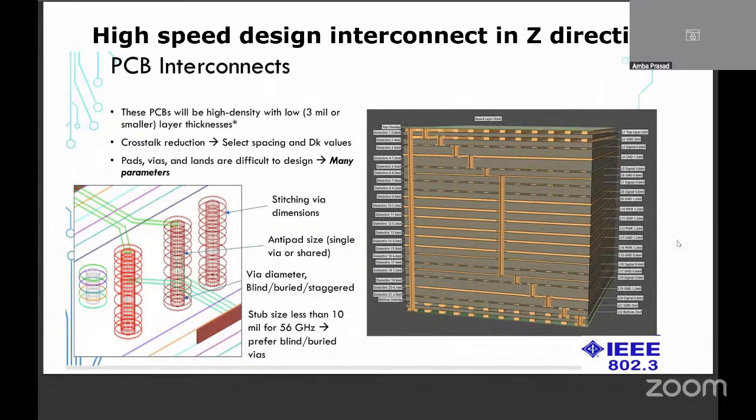It has to be controlled by back drilling or something, and there can be a return path. Ground vias have to be there, and in this type of PCBs, almost 50 to 60% of the vias are going to be ground vias, which are even passive vias. They are not active vias. Actually, they are used only for ground stitching, and as a return path, they are going to be there.